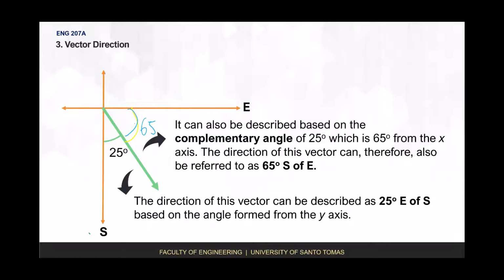I think I have a snippet yata dito, pero this will be a good idea na if you could still recall, if I put this arrow on the other side of the axis, what will be my angle here? Consider it as a pop quiz.